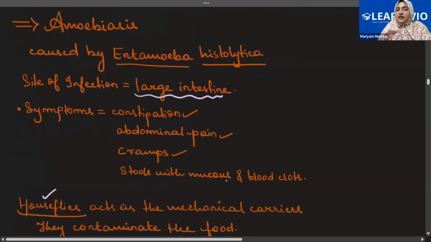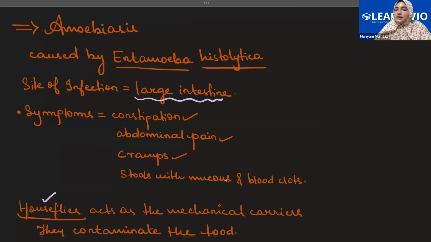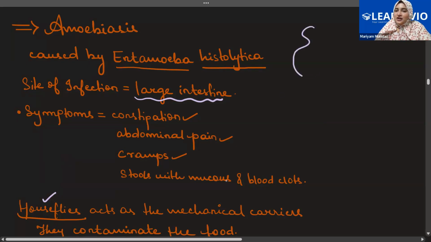Now we'll move on to amoebiasis. Amoebiasis is yet another protozoal disease, and it is caused by Entamoeba histolytica. You people have heard about amoeba, right? They have this shape, isn't it? In the same way, there is another kind of amoeba that has a proper name, Entamoeba histolytica.